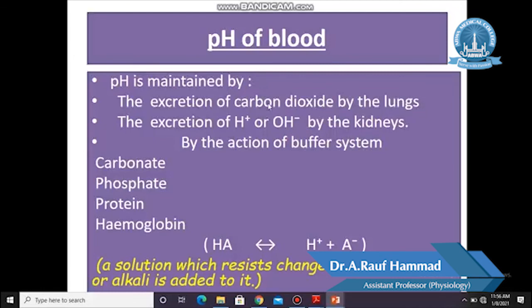The different buffer systems present in the body are the carbonate buffer system, phosphate buffer system, proteins, and among proteins is hemoglobin. Another definition of buffer: a solution which resists changes in pH when acid or alkali is added to it.